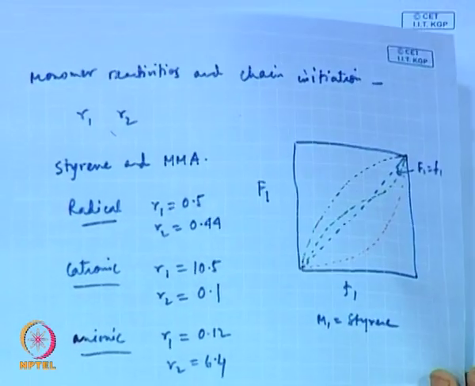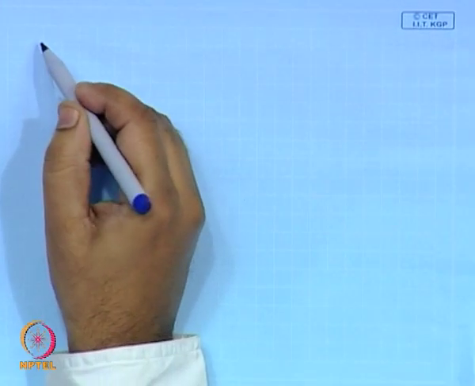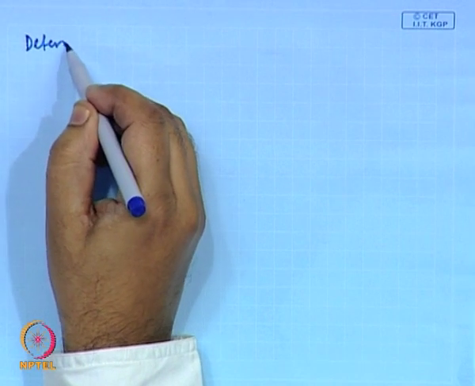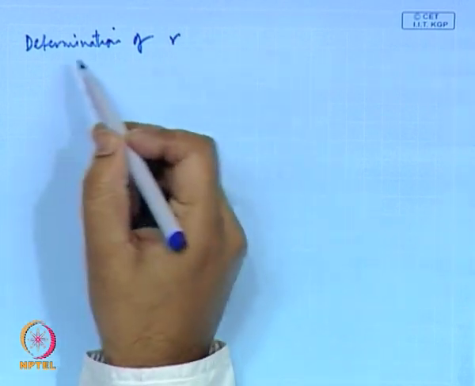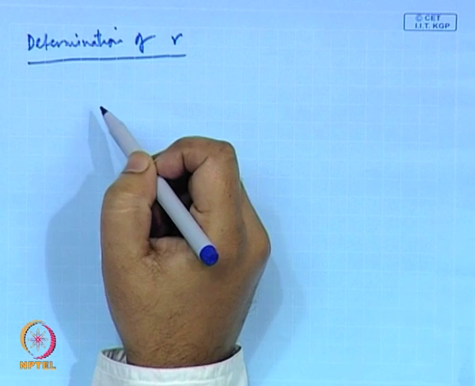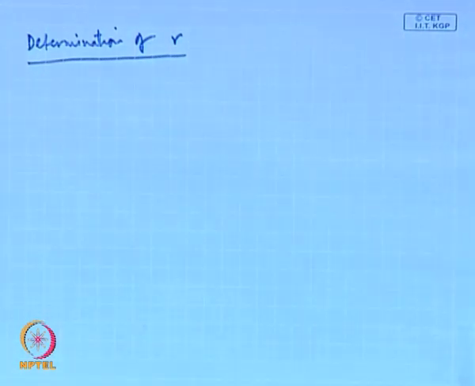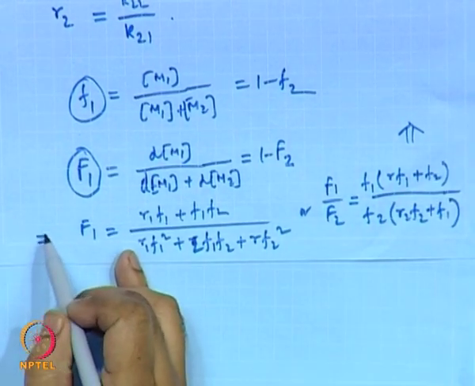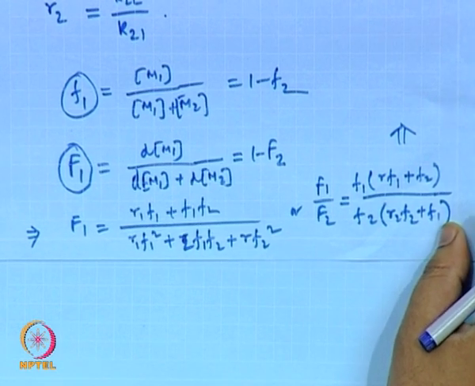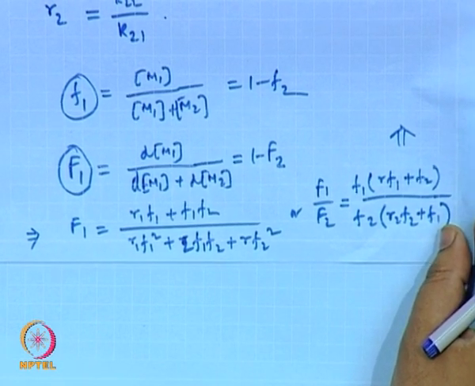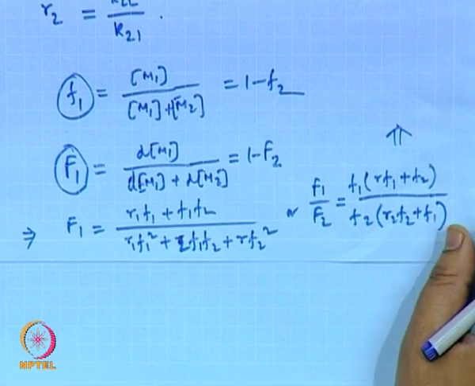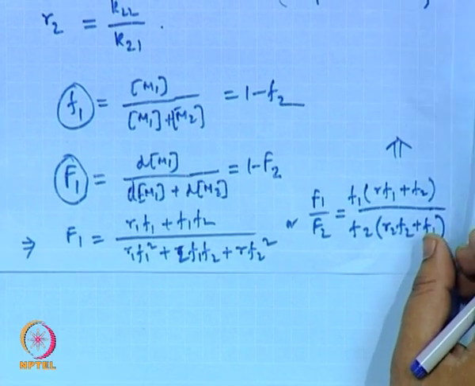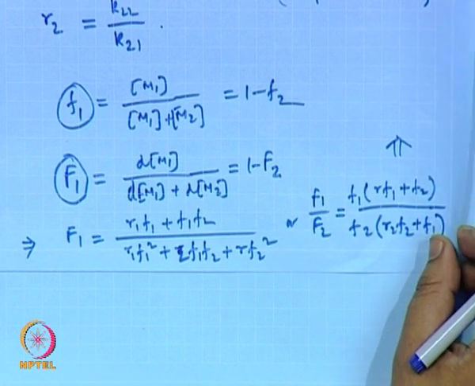Now, how do we determine this R1 and R2 experimentally? We have been talking about the determination or evaluation of reactivity ratios. As I mentioned earlier also, we talked about this expression in the last lecture, that this is valid for an innumerable number of pairs of monomers, irrespective of whether the initiation is done by radical, an anion or a cation.